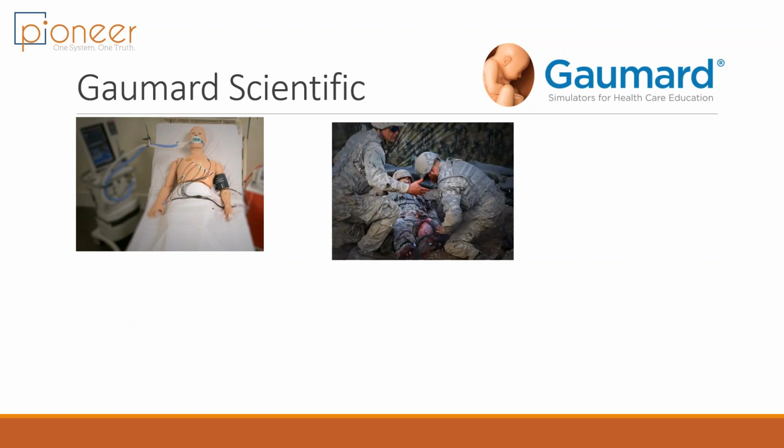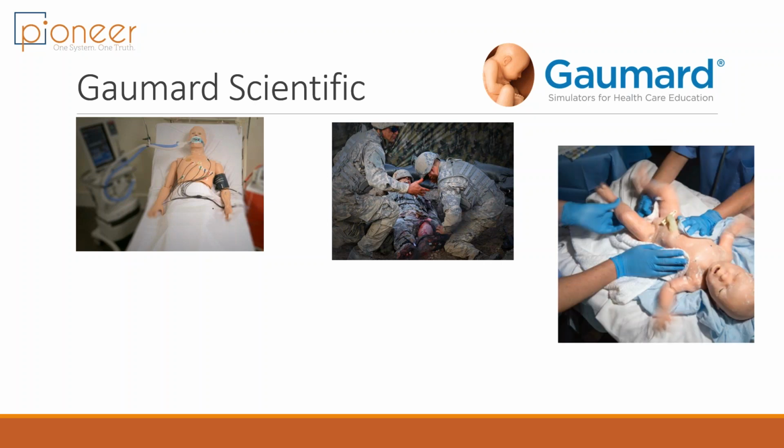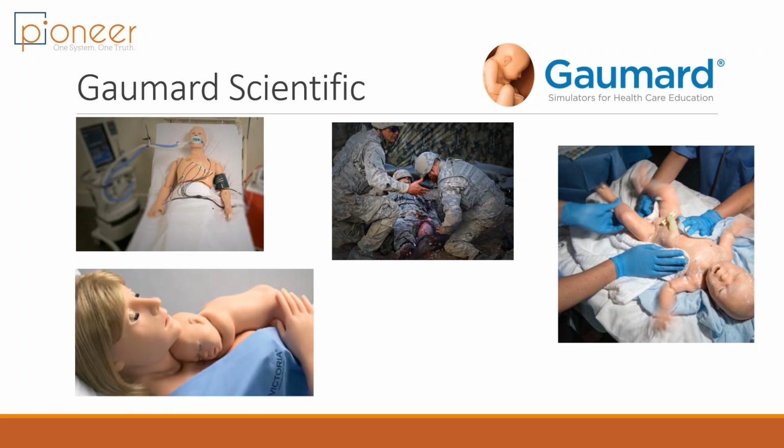We also have some trauma simulators that experience amputations and they bleed. They have pulses. They speak. We also have this baby simulator. He's a newborn baby. And he turns blue, he cries, he has muscle tone. They're quite marvelous, these products.